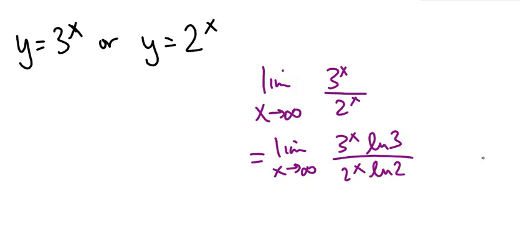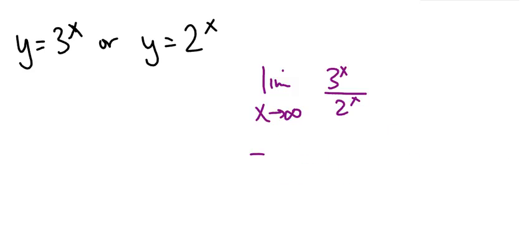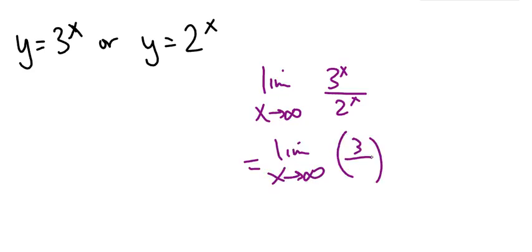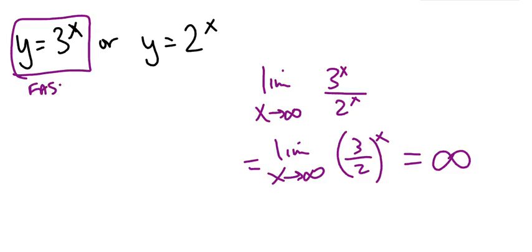I mean, we could keep going. That's not helpful. Maybe it's helpful not to use L'Hopital at all. Maybe it's useful just to take a look at it like so. Because I think I know what happens to this as x gets large. I have some number in here that's greater than 1, and I keep raising it to larger and larger powers of x. That keeps compounding. That goes to infinity, which means that 3 to the x grows faster.